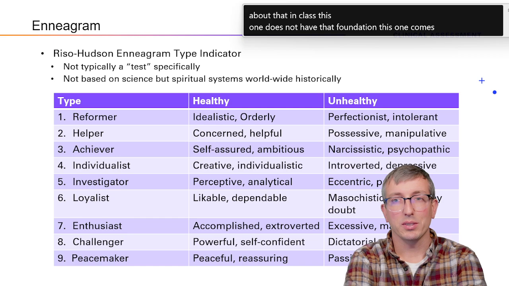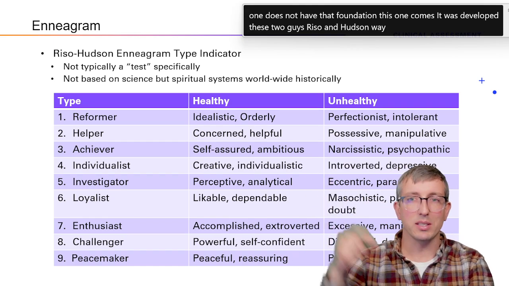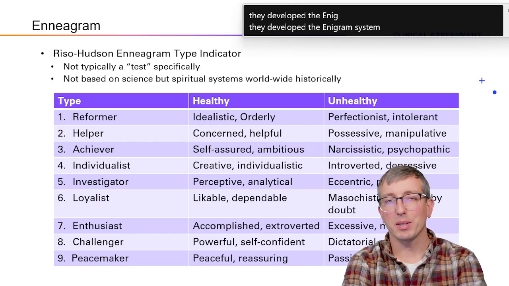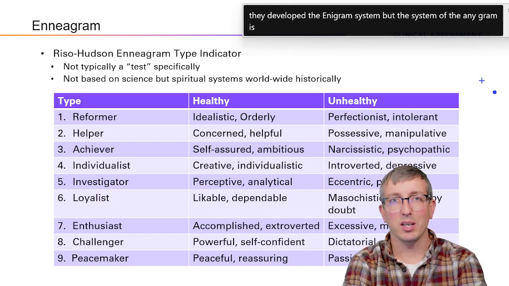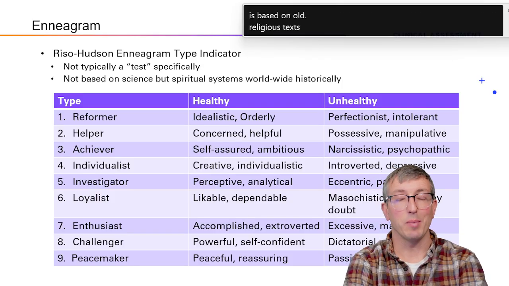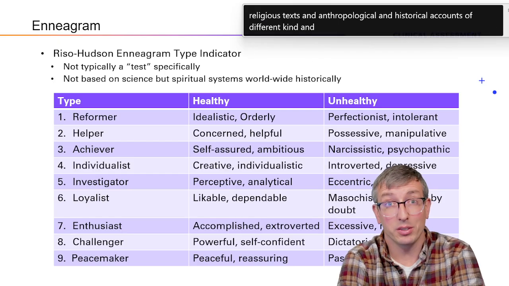This one was developed by these two guys, Riso and Hudson, way up there at the top. They developed the Enneagram system, but the system is based on old religious texts and anthropological and historical accounts and literature too.